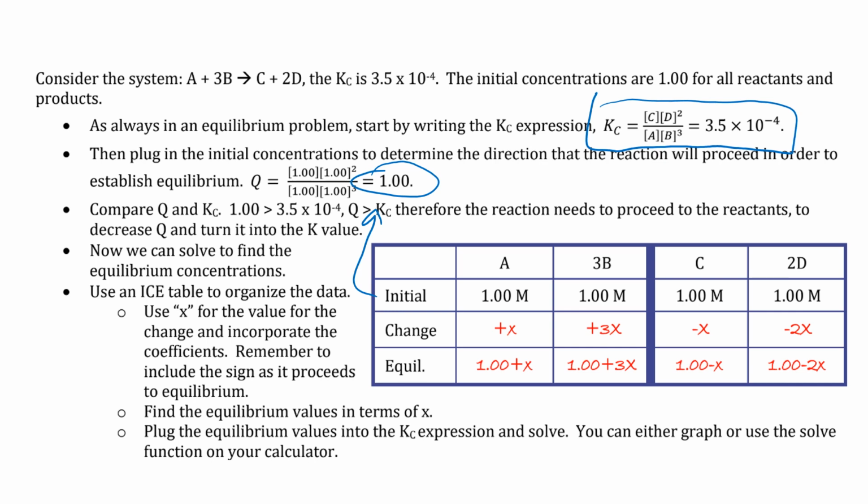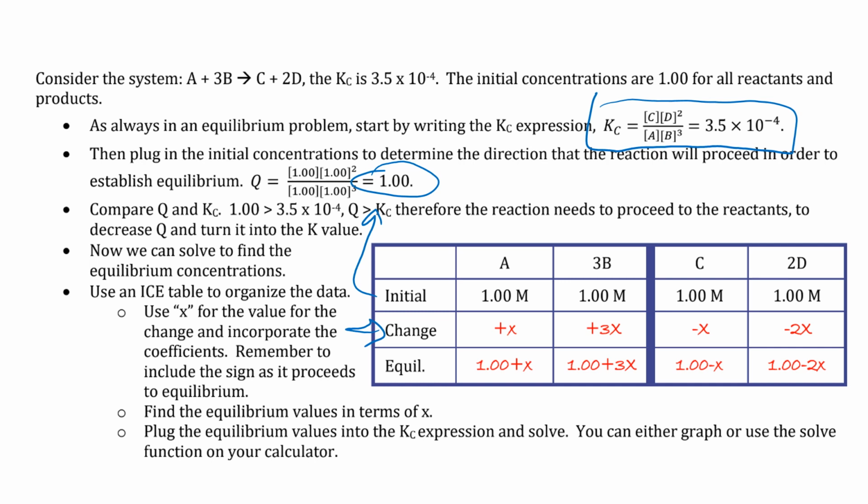Compare Q and K. Since 1 is technically greater than 3.5 times 10 to the negative 4, that means Q is greater than K. The reaction will need to go to the reactants to decrease the Q. So you look at how the change is set up in the ICE table here, because we're going from products to reactants because the Q is greater.